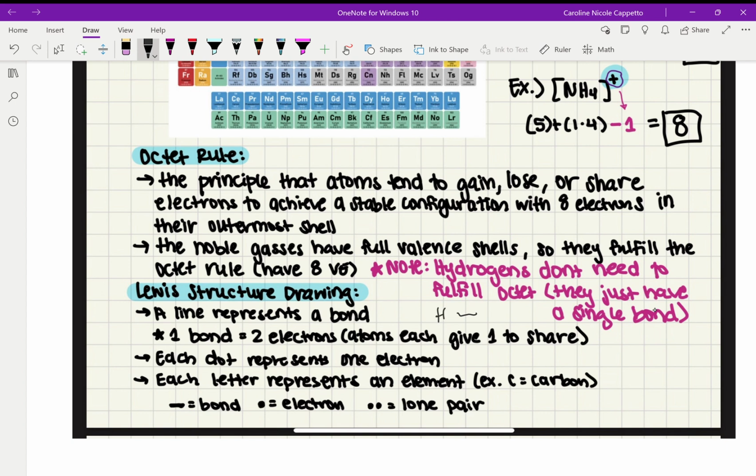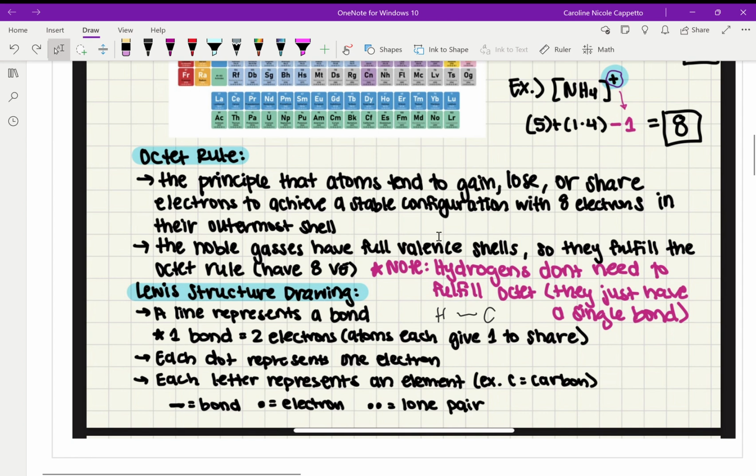So a hydrogen can just be bonded to a carbon like that, and while the carbon will need to fulfill the octet rule and end up having 8 electrons, the hydrogen only needs 1. And so then some tips for Lewis structure drawing.